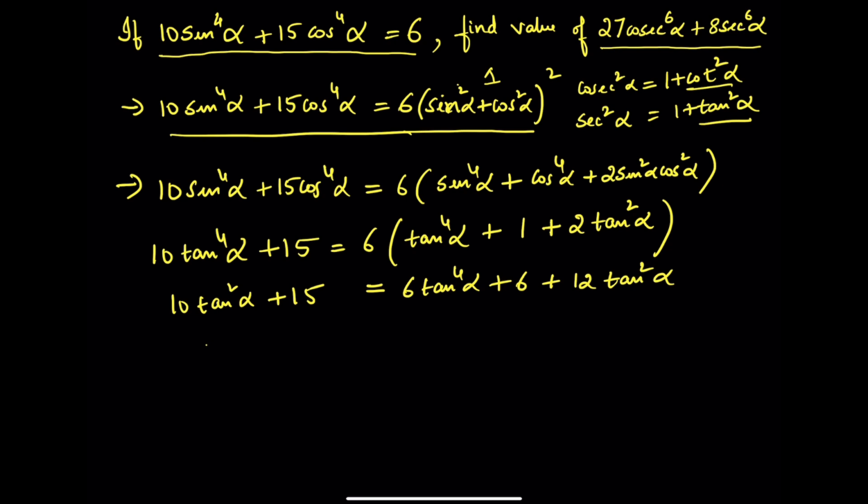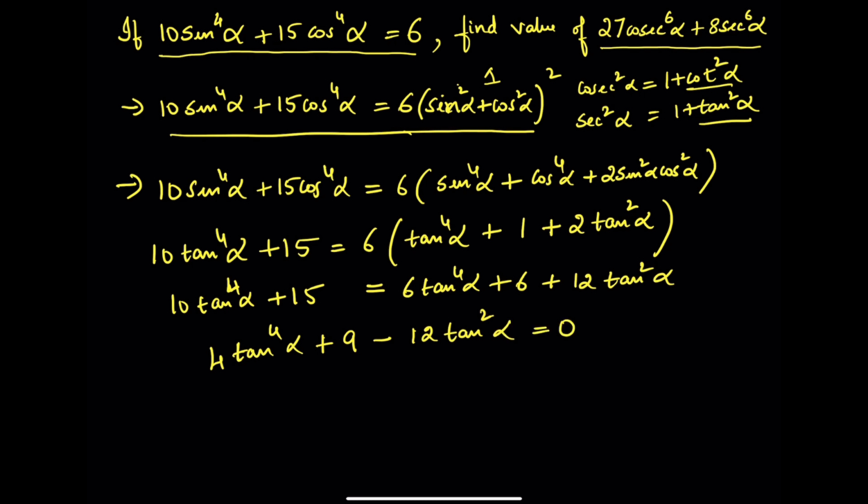Now let's solve this. This is tan to the power of 4 alpha. 4 tan to the power of 4 alpha plus 9 minus 12 tan square alpha is equal to 0.